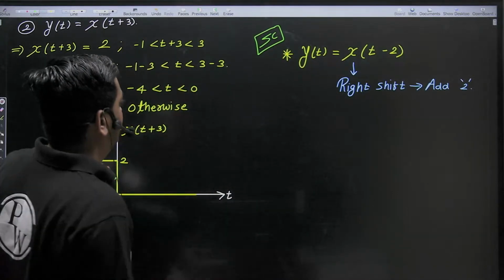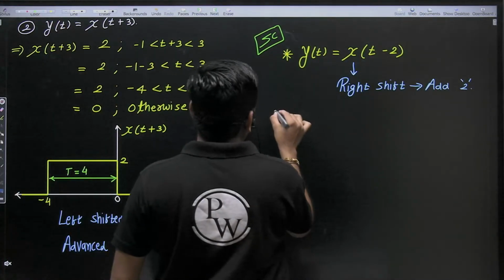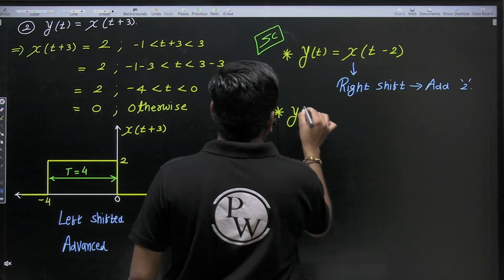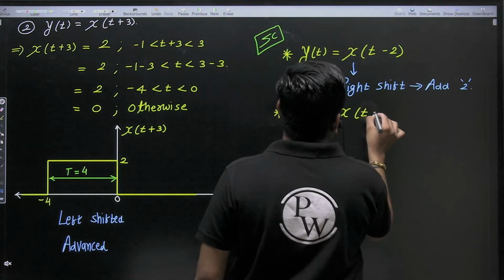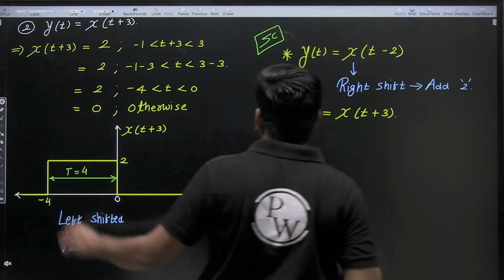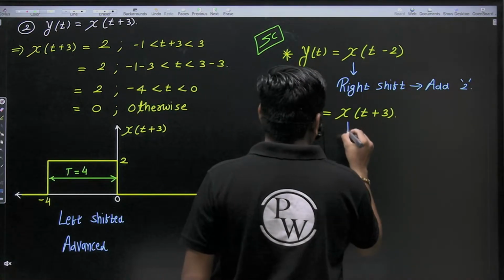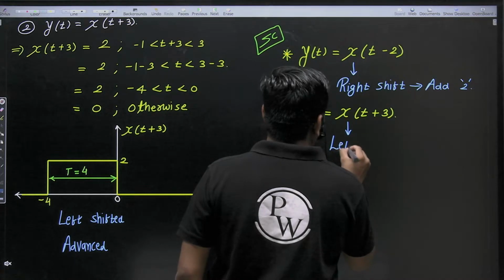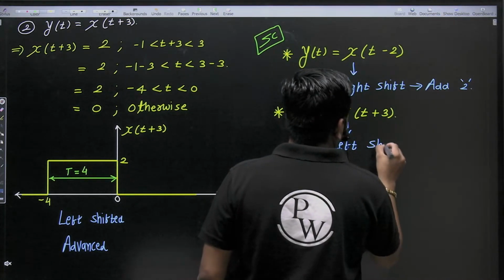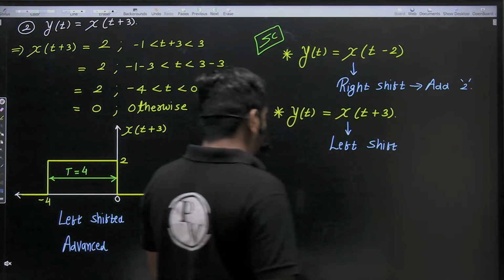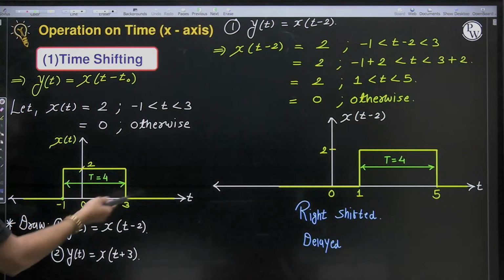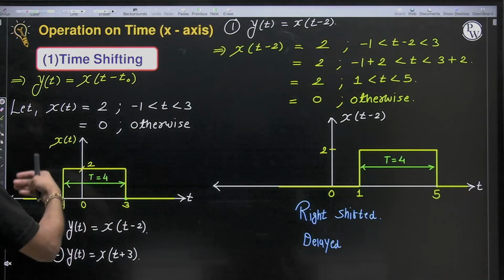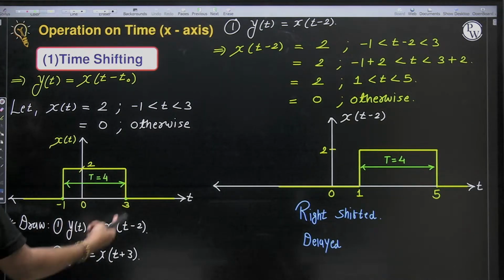And similarly, suppose x of t plus 3. T plus 3 means left shift, and the signal will shift to the left side only if you subtract 3 from each and every instant.